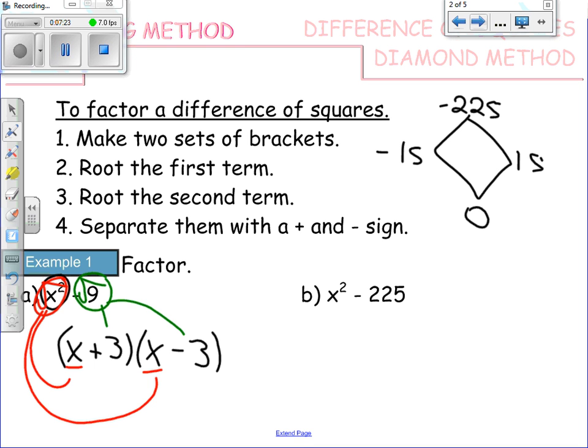Or you can follow this new method if you saw it as a difference of squares. And just go, the square root of the first term is x. The square root of the second term is 15. Both get you the same answer. Lucia? You good? Easy? Good.